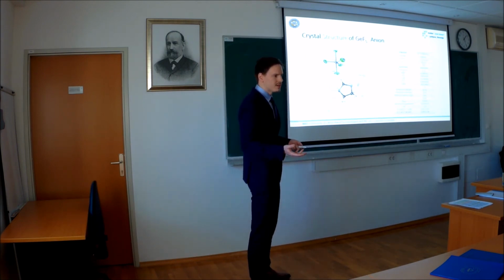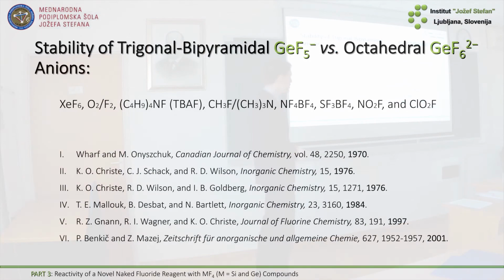If you think about it, the chemistry is not that hard, really, and it's not like we are the first that tried this. There were several reports that tried to perform such a reaction with different fluoride sources, but none of them achieved the isolation of discrete trigonal-bipyramidal pentafluoridogermanate anion.